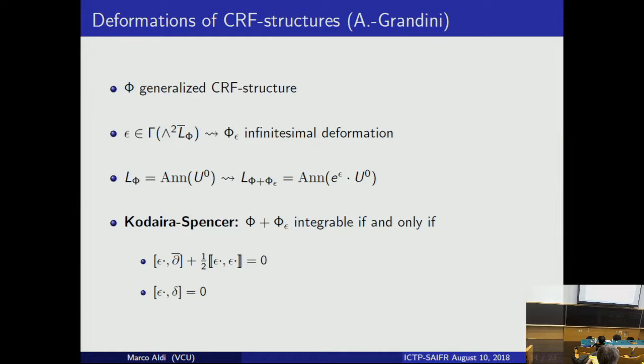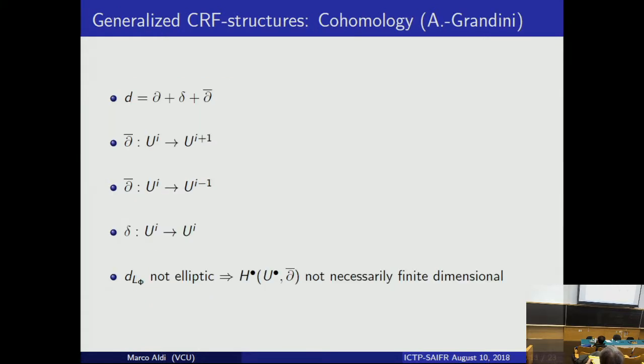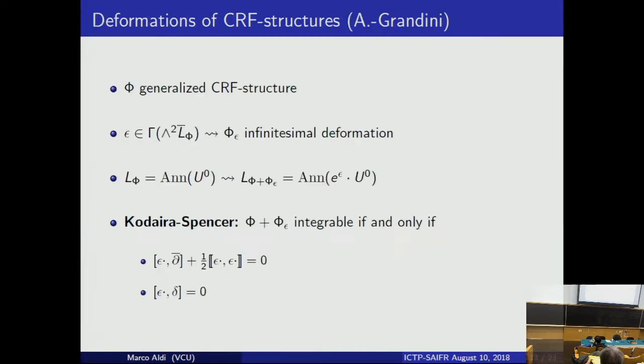The main difference with the usual case is that instead of having just one equation, the Maurer-Cartan equation, you also have an extra equation that gives you compatibility with the third, well, here's the second, but the new piece in the decomposition of the de Rham operator, the one that preserves the grading.